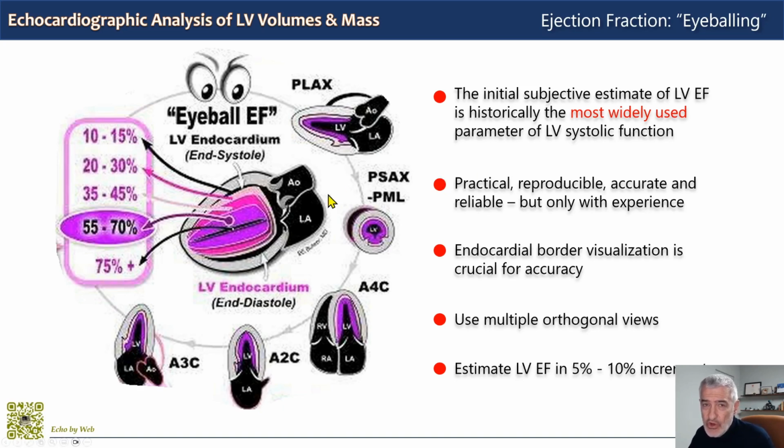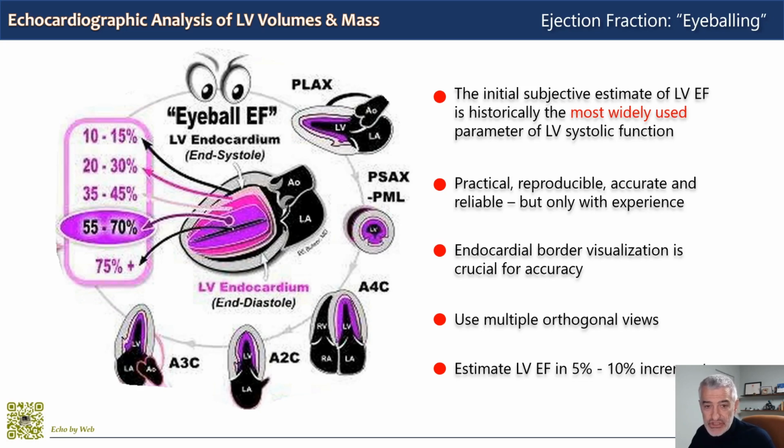So the operator observes in multiple views, also in the short axis, the motion of the walls of the left ventricle, and then estimates an interval of ejection fraction, for example, between 20 and 30 or between 55 and 60%. This very subjective estimate of ejection fraction is historically the most widely used parameter of left ventricular systolic function.